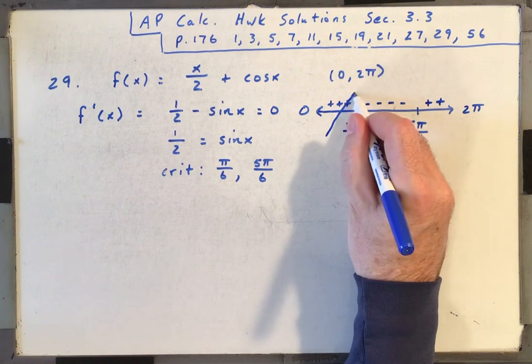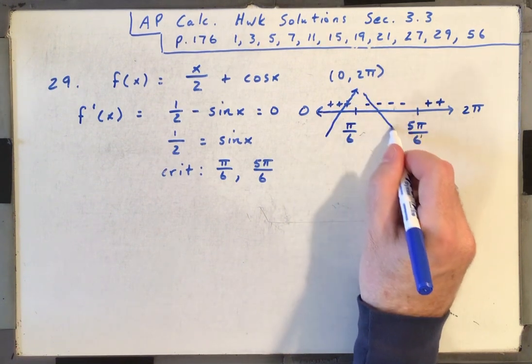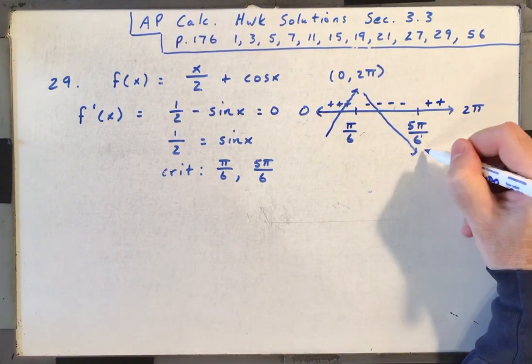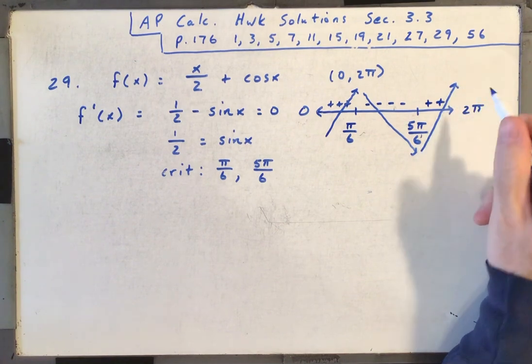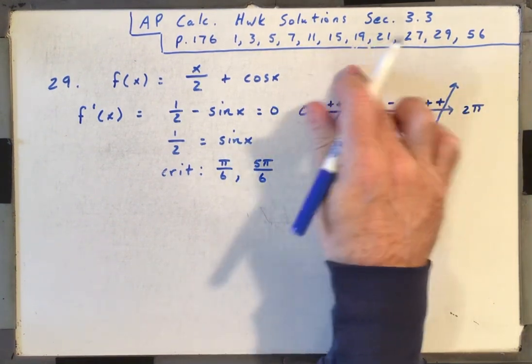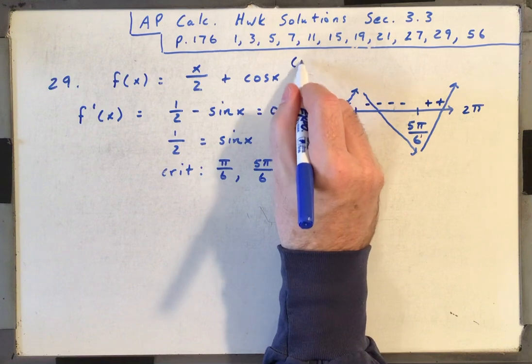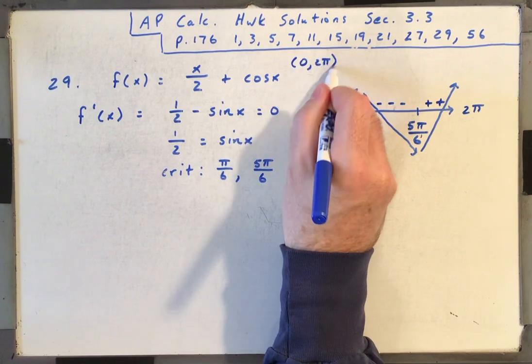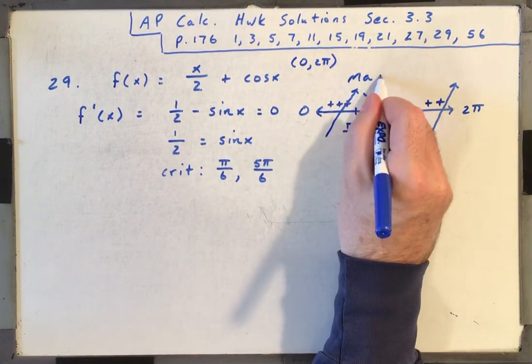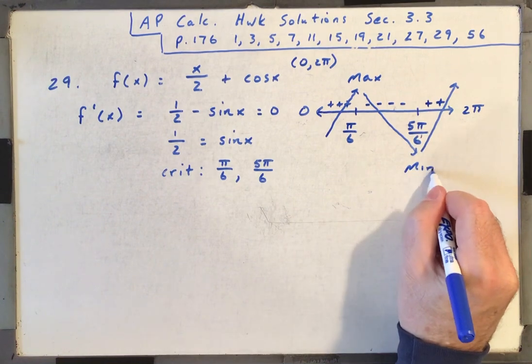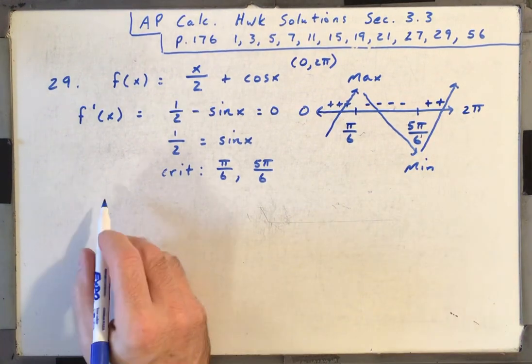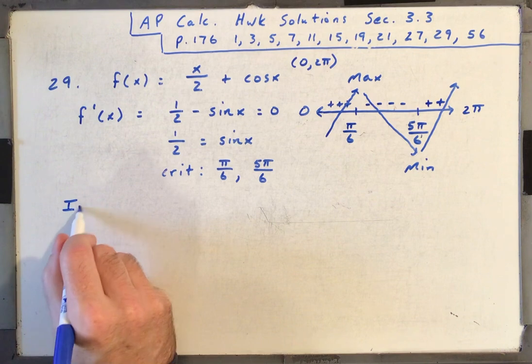So we're going up and then down and then up again. So 0 to 2 pi. All right, we've got a max and a min. This one is a lot less tedious, even though it's trig.